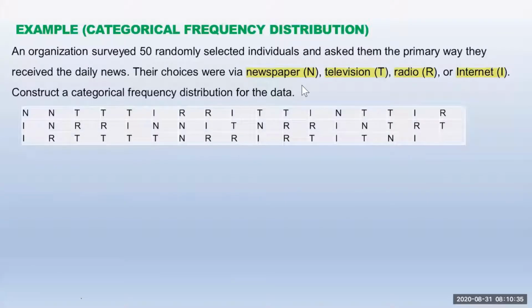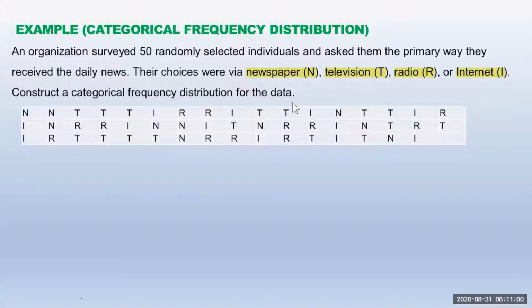You can clearly see the data here does not involve numbers. It has N for newspaper, T for television, R for radio, and I for internet. So this is purely categorical data. What we are asked to do is construct a categorical frequency distribution for this data.